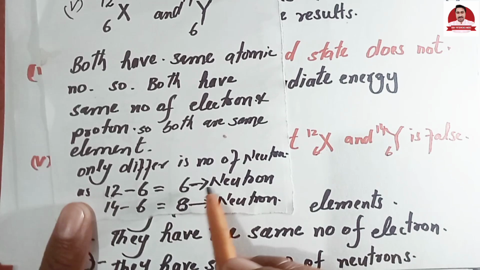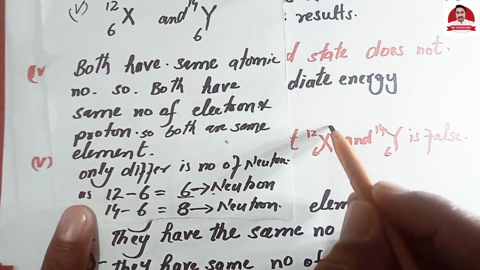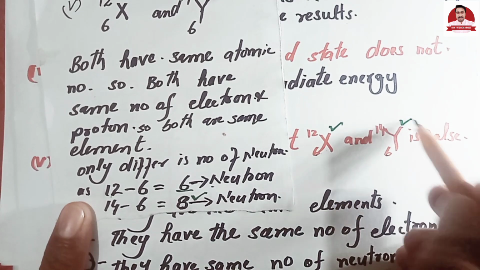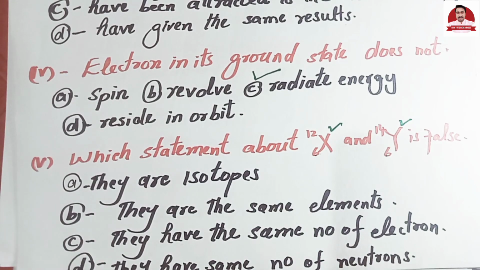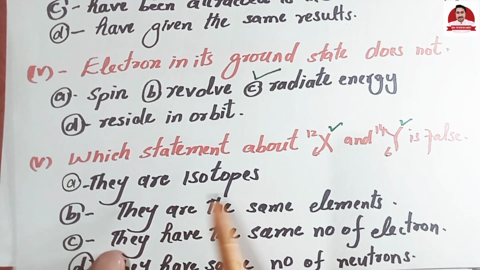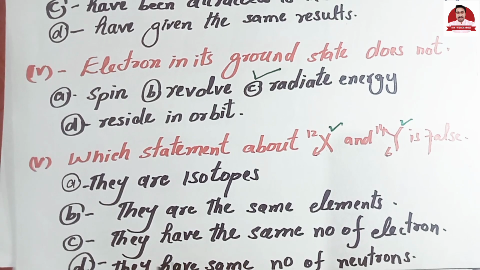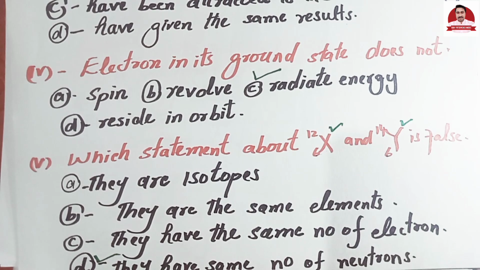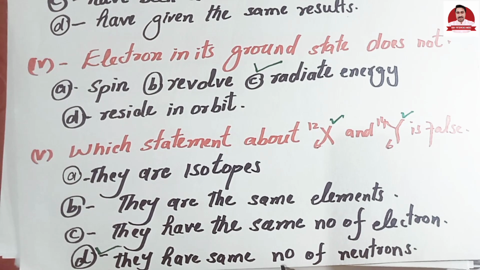So we get 6 neutrons in X and 8 neutrons in Y. So option D is correct, because they actually have different numbers of neutrons, but in the statement they have the same number of neutrons.